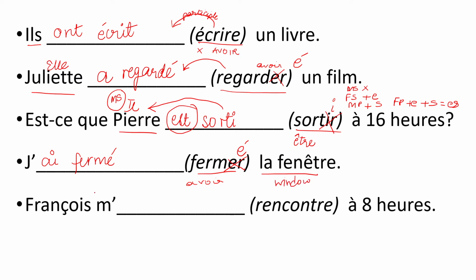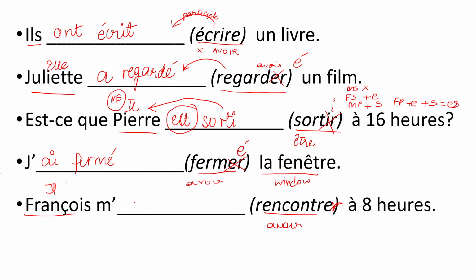Okay. Next one, François me dash. You have to put rencontre. Sorry, there's a mistake here. It is rencontrer. Okay, the verb is rencontrer. So you have to put rencontrer into the passé composé. Now, rencontrer is not Dr. Mrs. Vandertramp. It goes with avoir. Okay, so your subject here is François, which is il, masculine singular.